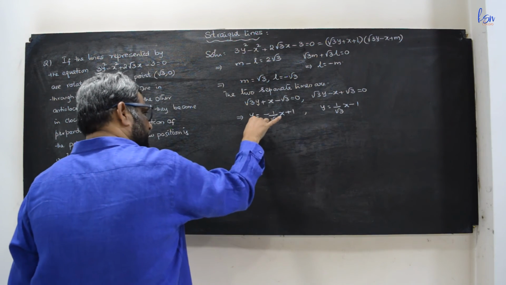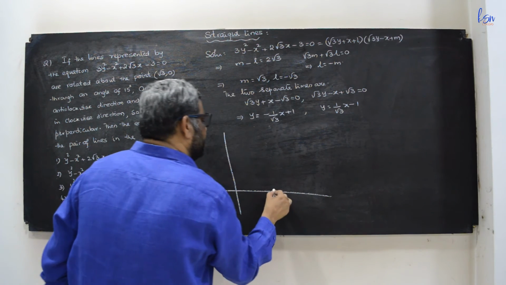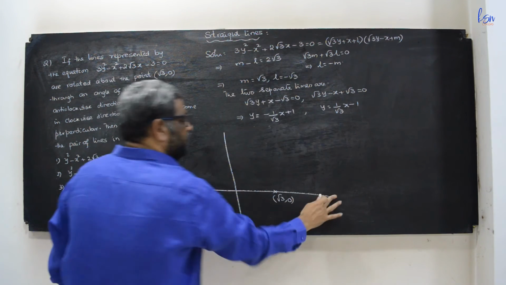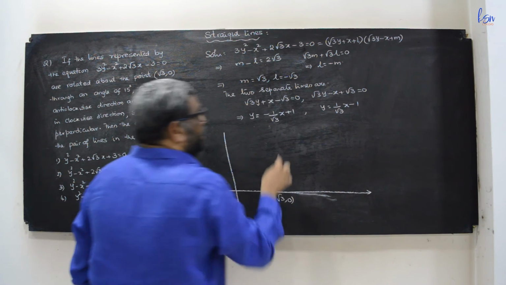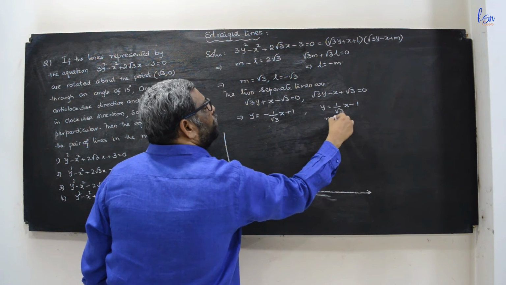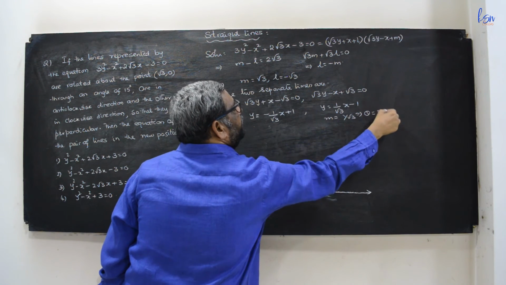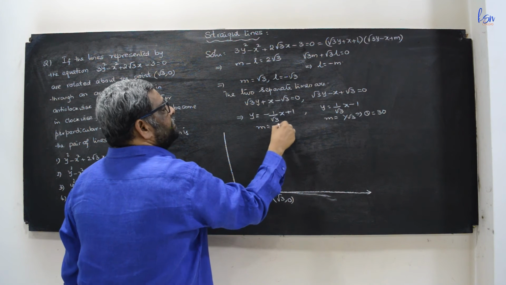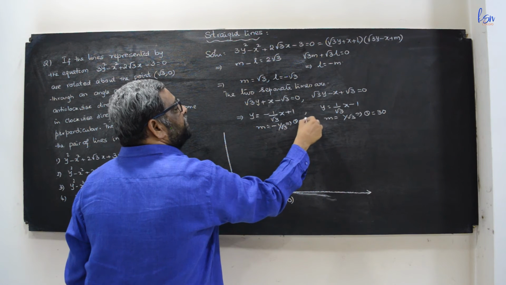Now we will take the coordinate axis. On this coordinate axis, let us consider the point root 3 comma 0 through which the given pair is passing. Now the slope of one line is m equal to 1 by root 3, which implies theta equal to 30, and here m equal to minus 1 by root 3, which implies theta is equal to 150.